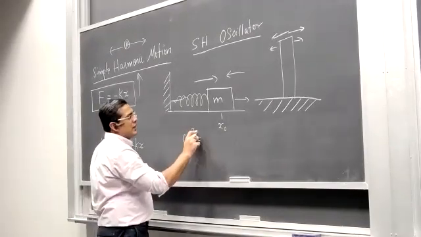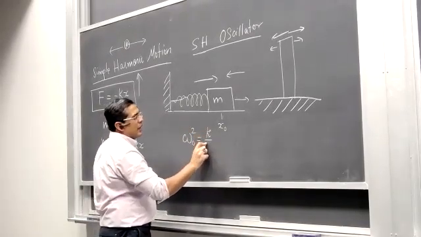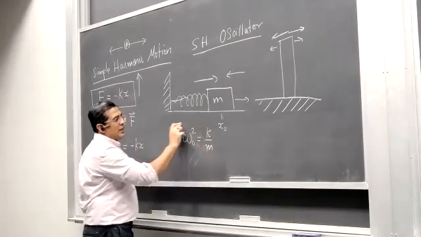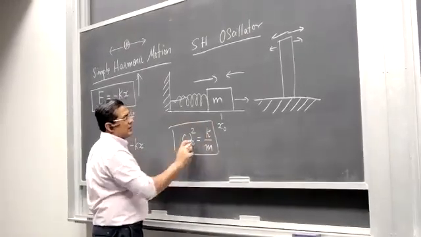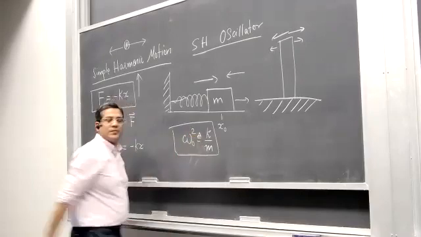Omega squared is equal to k over m. Something that we are defining.